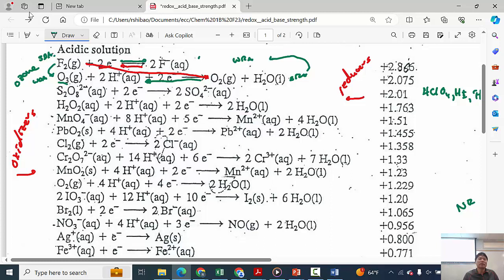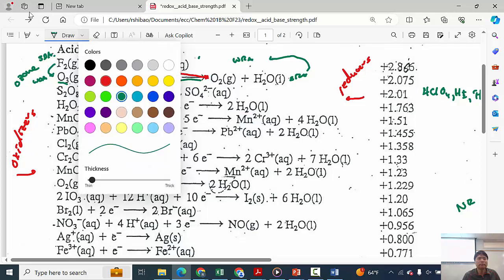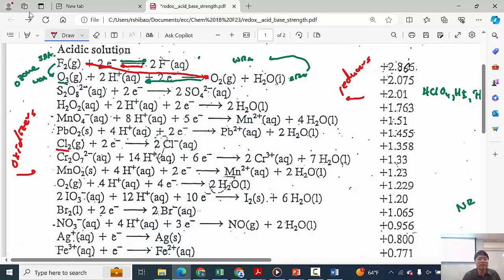That's fluorine. What will chlorine oxidize? Will chlorine oxidize the same stuff as fluorine? No, chlorine's a lot weaker of an oxidizer, so it's not going to oxidize as many things.